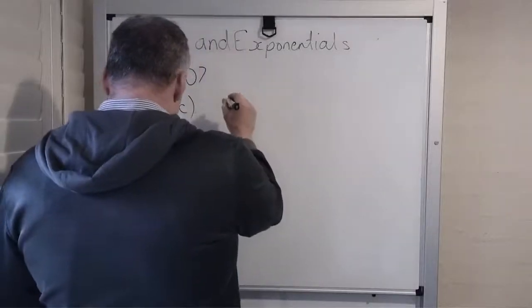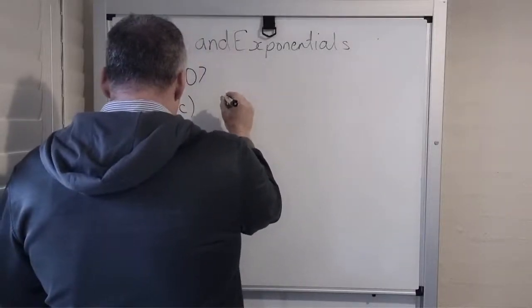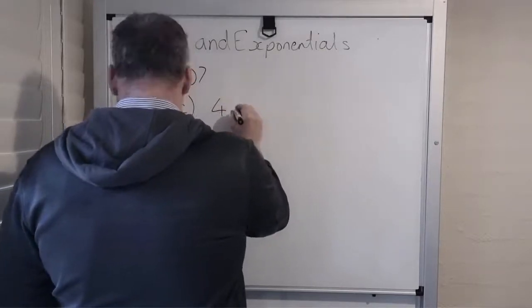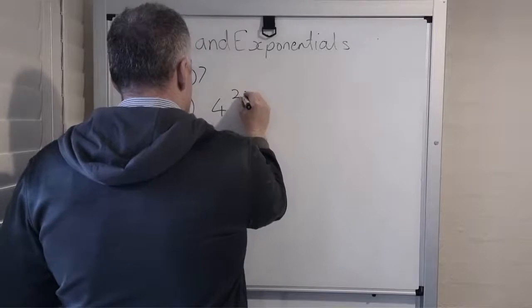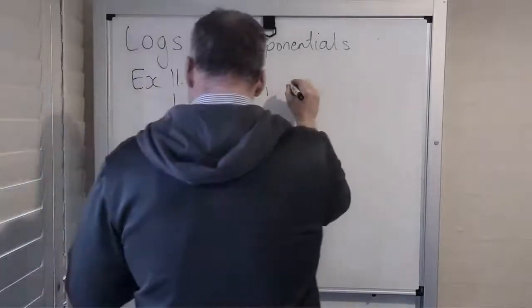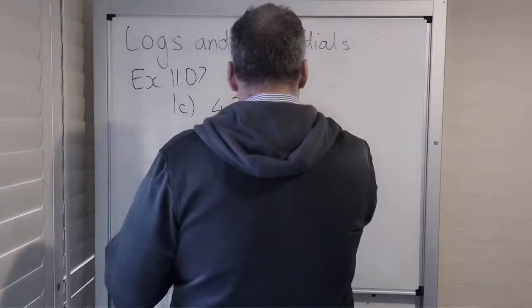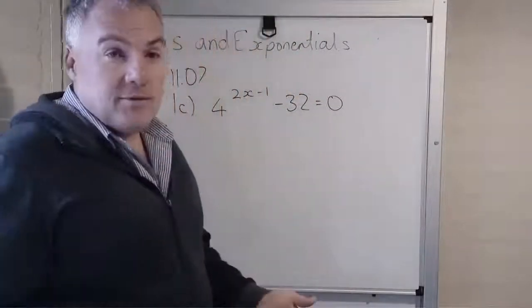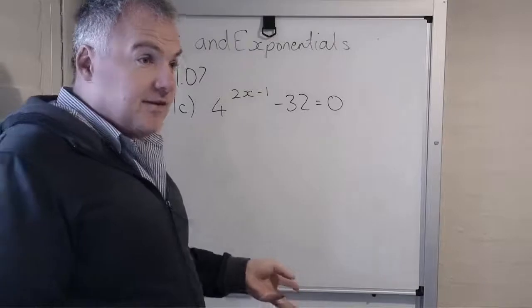So you've got the question 4 to the 2x minus 1, minus 32 equals 0. Now this is an equation. We do the same thing to both sides.